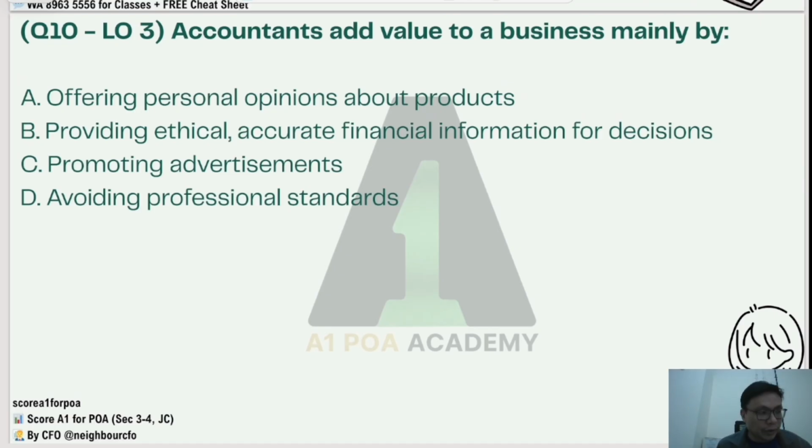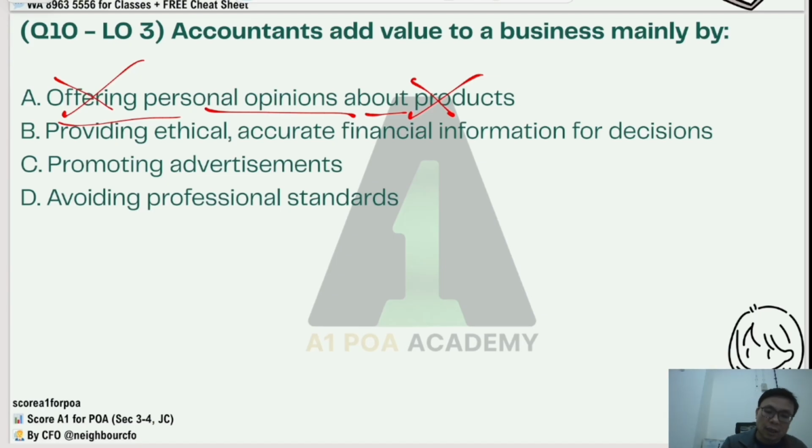Accountants add values to a business mainly by providing or offering personal opinions about product. Answer is no, right? That is not his value proposition. B, providing ethical, accurate financial information. Information that is objective, information that is being supported by supporting documentations. So B seems to be the correct answer.